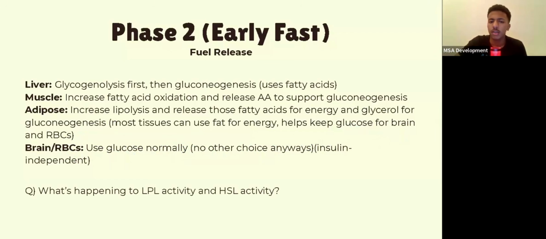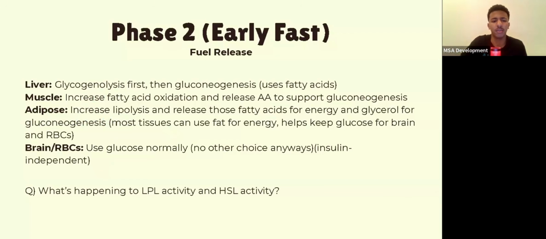Remember, we said in the beginning, insulin was dominating in phase one. Therefore, HSL is going to decrease, LPL is going to increase. Now it's the opposite because, as you can see, if we focus on the adipose tissue, it's increasing lipolysis.